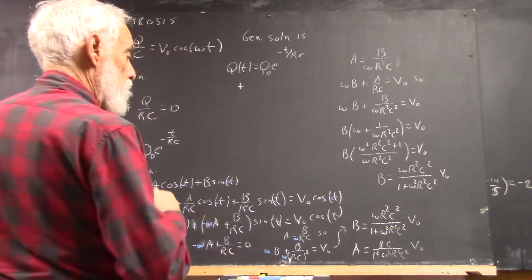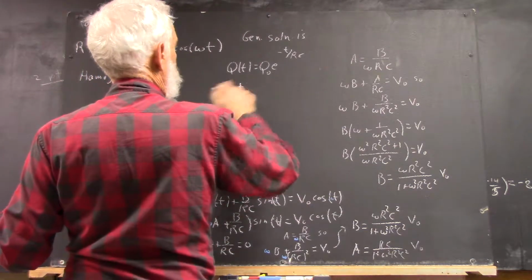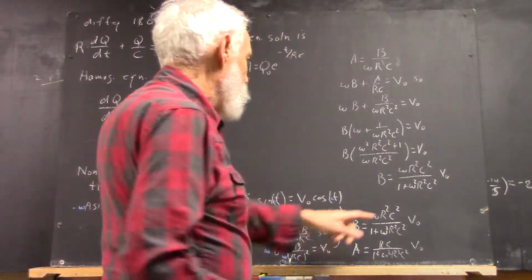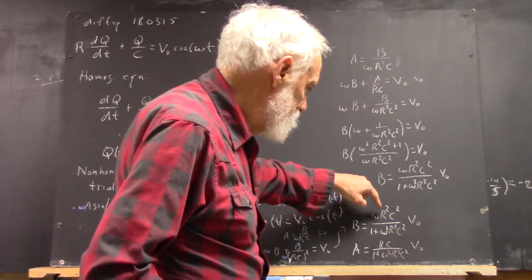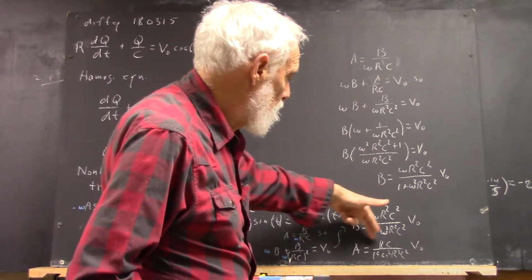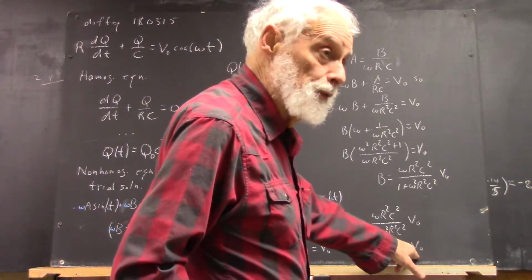Your A sine omega t will be, well, I'm going to factor out in advance an RC over 1 plus omega squared R squared C squared times V naught.